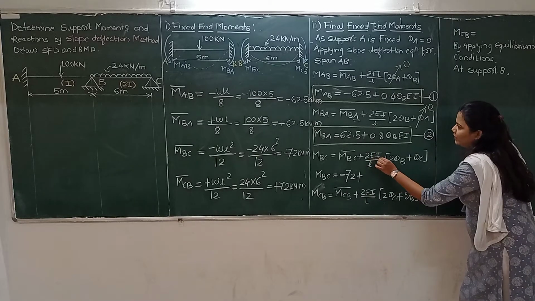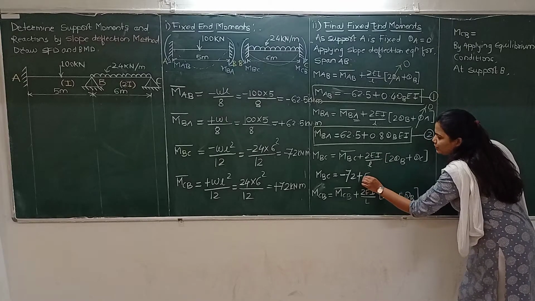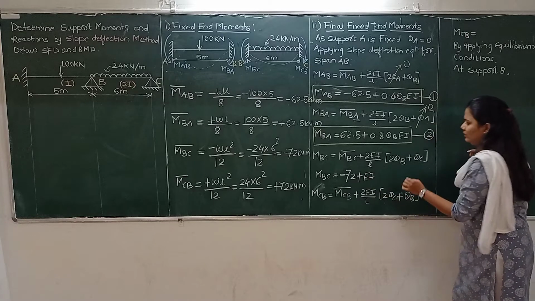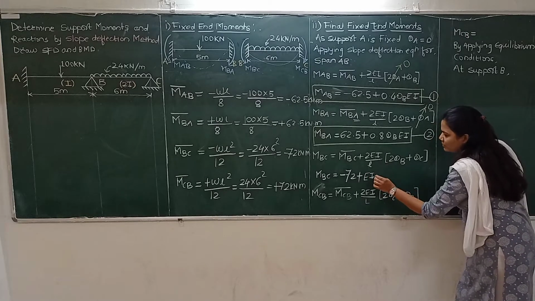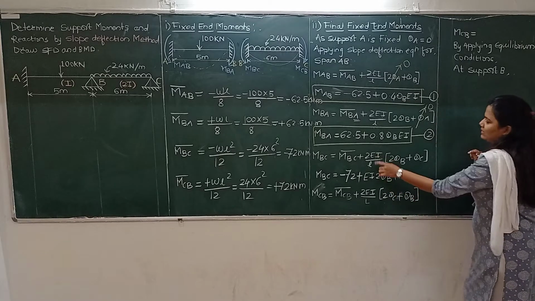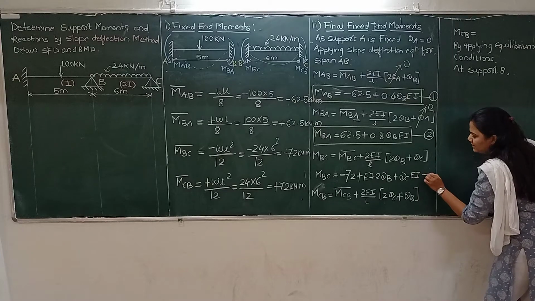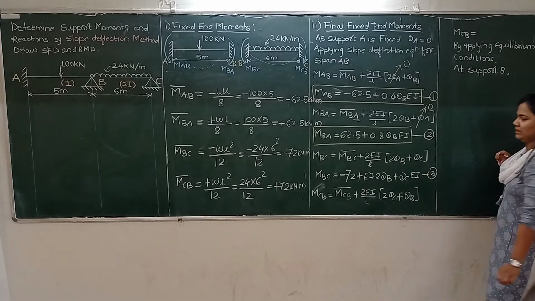So the equation becomes EI into 2 times theta B plus theta C EI, that is equation number 3.